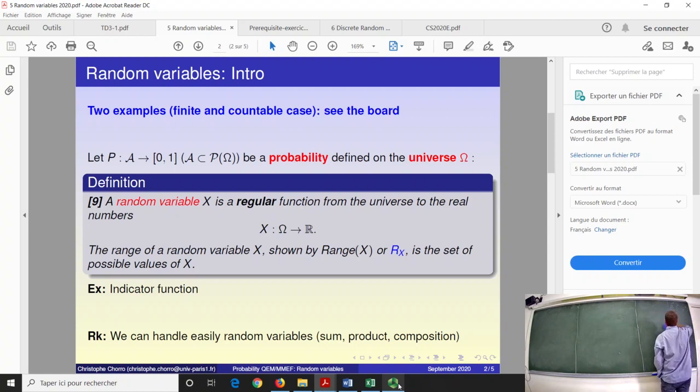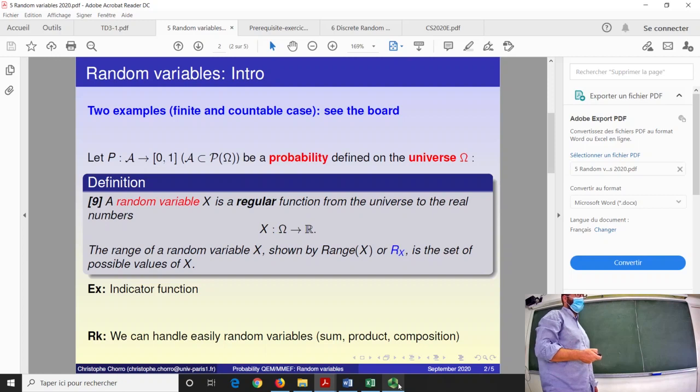Here you will have the very general definition of what is a random variable. So you start with a probability, with a set of definition that I denote by calligraphic A, but whatever. And this probability is defined on the universe omega.